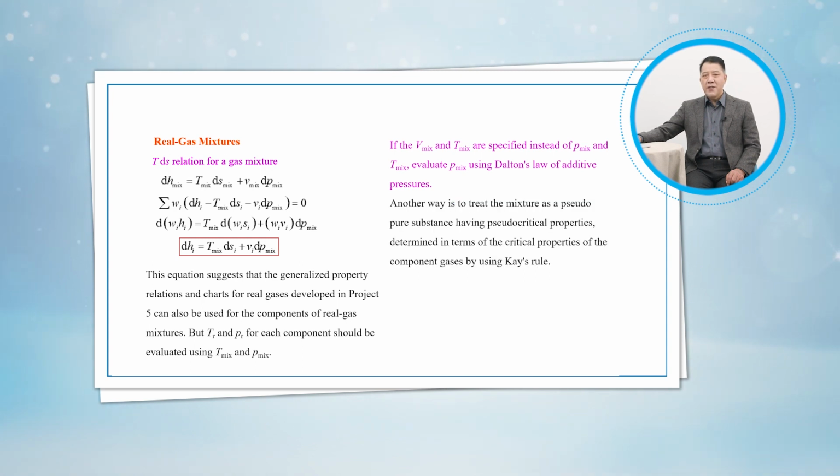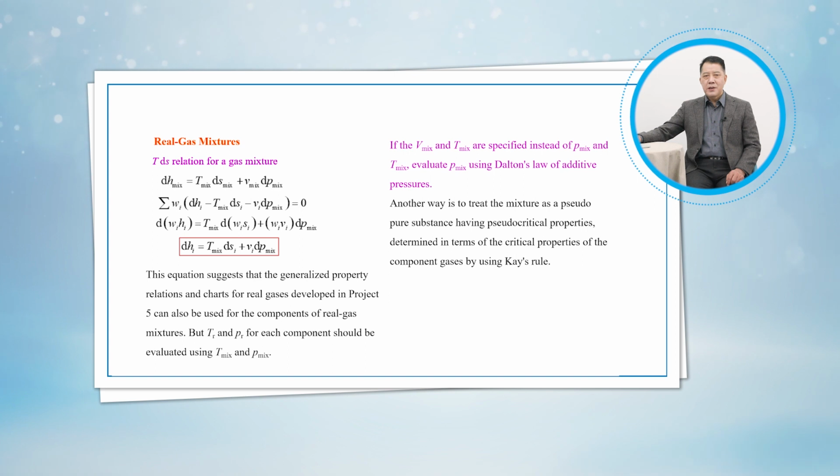Another way of evaluating the properties of a real gas mixture is to treat the mixture as a pseudo-pure substance having pseudo-critical properties determined in terms of the critical properties of the component gases by using Kay's rule.